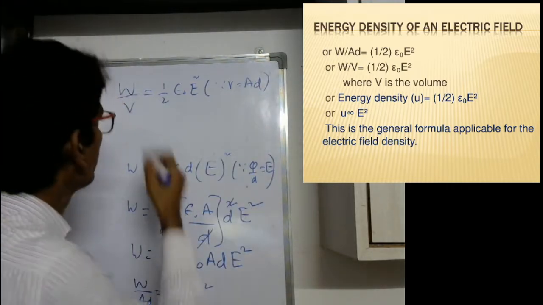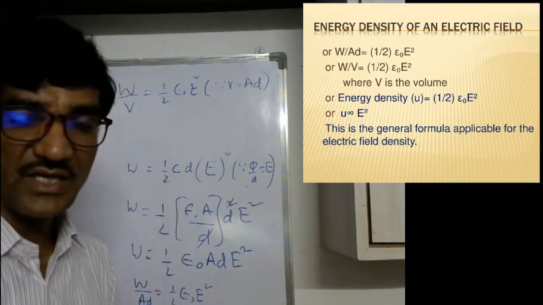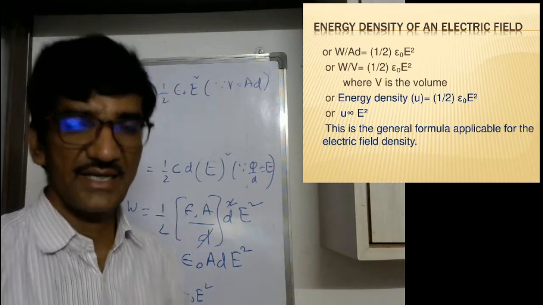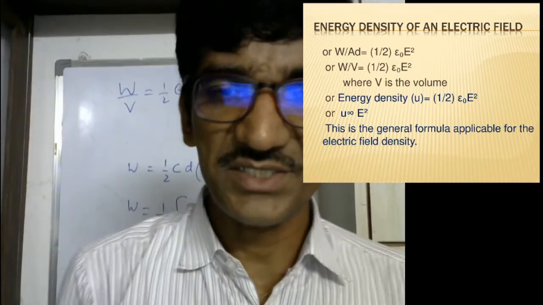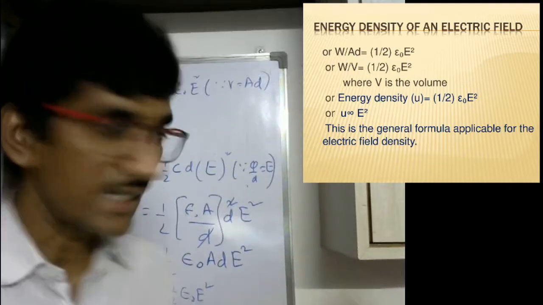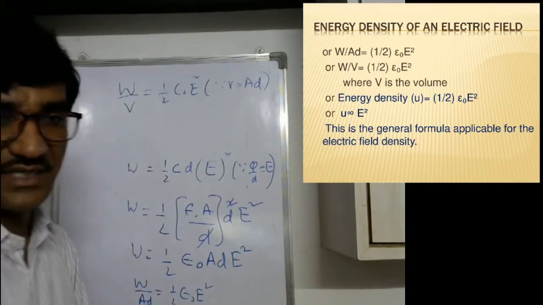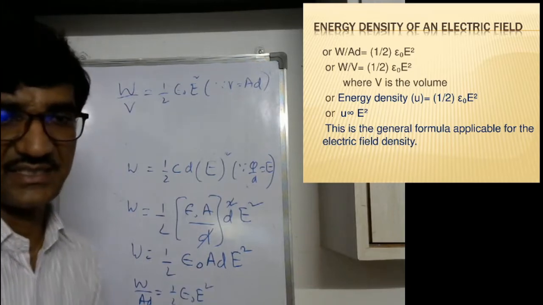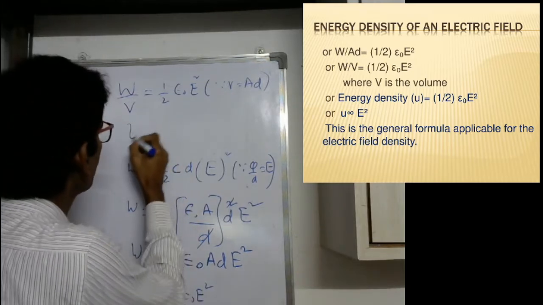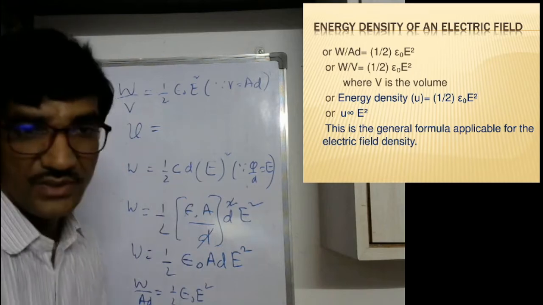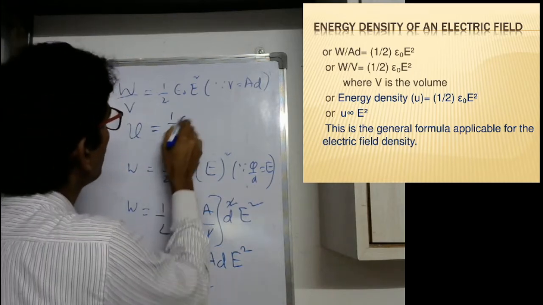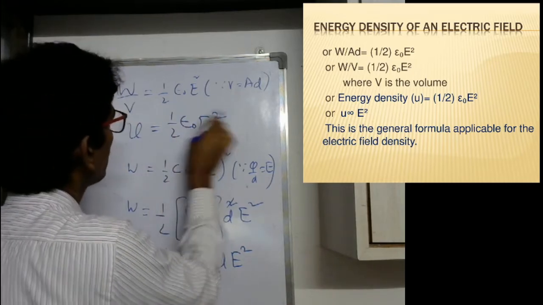But what is W by V? It is nothing but the energy density. Work means interaction energy; it is the energy per unit volume. We already defined the energy density. Usually we denote this with a small u, equal to half of epsilon naught E square.